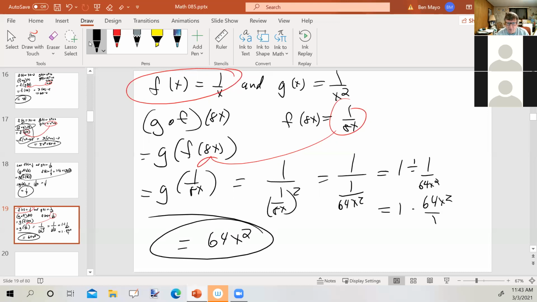Again, what we're doing isn't difficult, but you got to do things in the correct order. You evaluate the second one, get the answer, use that, and evaluate that at the first one.